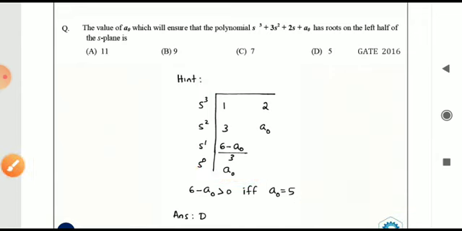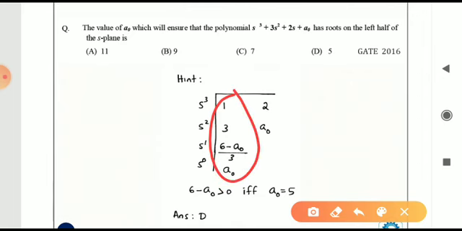And we know the system will be stable if all the roots are on LHS of S plane. And if the first column of Routh array all have the same sign, then all the roots will be on the LHS of S plane. That is, here the terms 6 minus A0 by 3 and A0 should be positive.